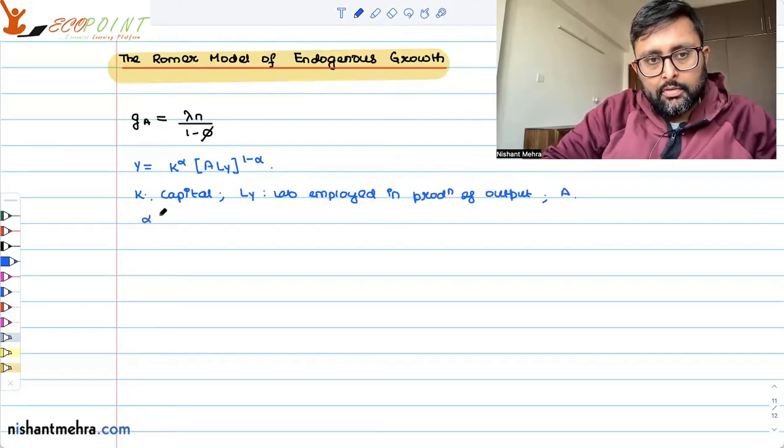Alpha is the parameter, which is lying between 0 and 1.